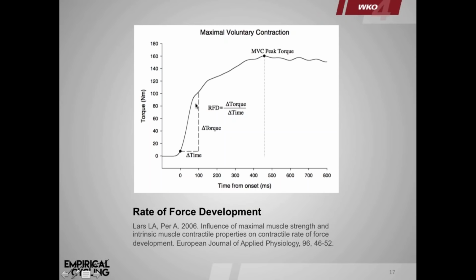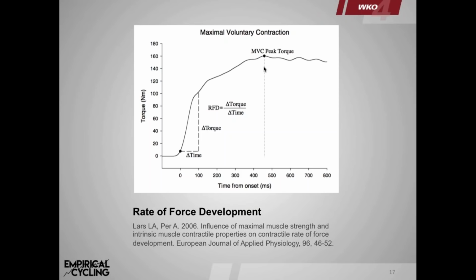And over here, we see at the 400 to 500 millisecond range, this particular athlete reaches peak force, MVC, maximal voluntary contraction. So this is your strength training. If you want to increase the amount of load you can lift, you are increasing your maximal voluntary contraction.